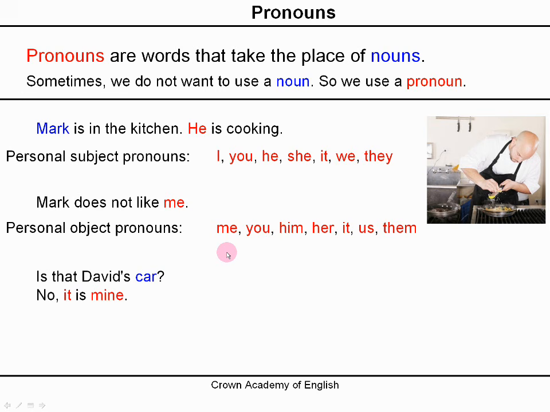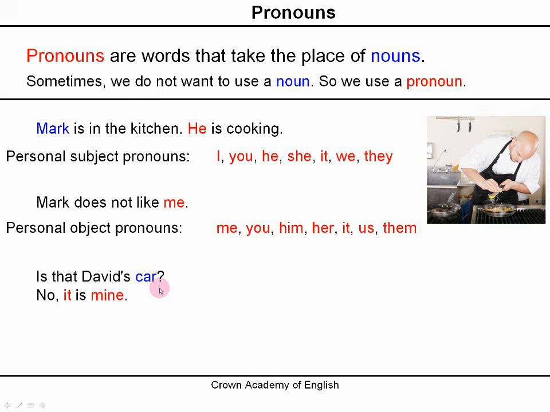Is that David's car? No, it is mine. So in this sentence, we have 2 pronouns. We have it, which is a pronoun, and it is referring to the car. It's replacing the car. And it is mine is also referring to the car, and it expresses possession.